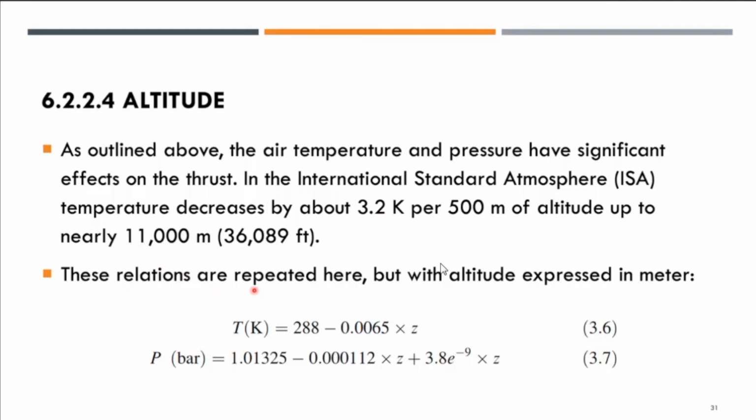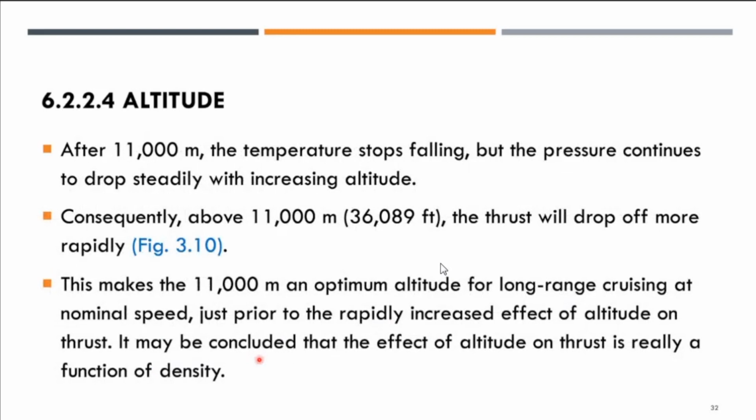These relations are repeated here, but with the altitude expressed in meters. This is the expression for the temperature, and this is also the expression for the pressure. After 11,000 meters, the temperature stops falling, but the pressure continues to drop steadily with increasing altitude.